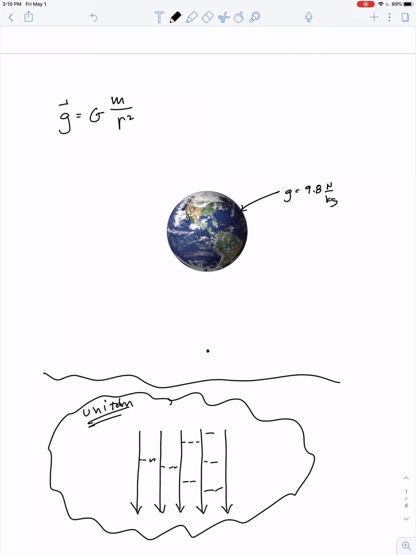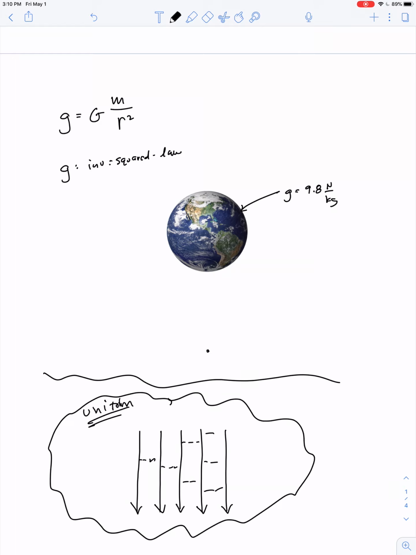Now, if I want it as a vector, I've got to throw in the r hat. If I'm just looking for magnitude, then I can leave the r hat out of the expression. So you can see that just like force is an inverse squared law, gravitational field is also an inverse squared law.